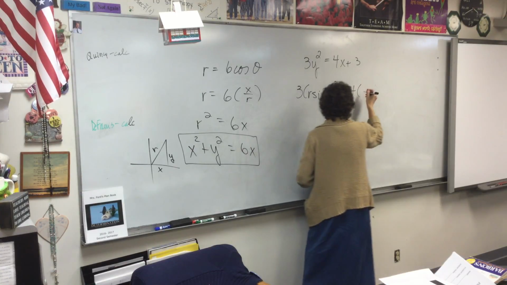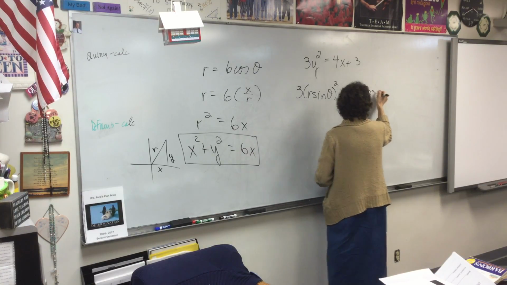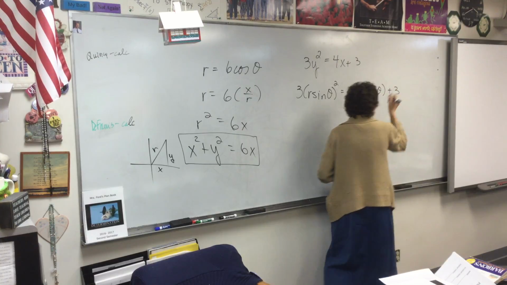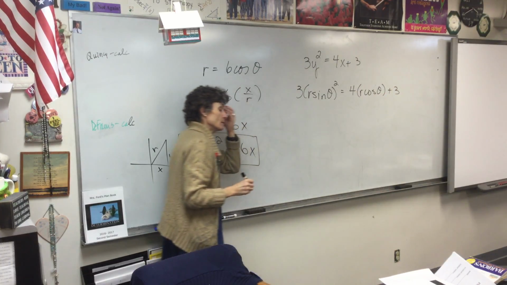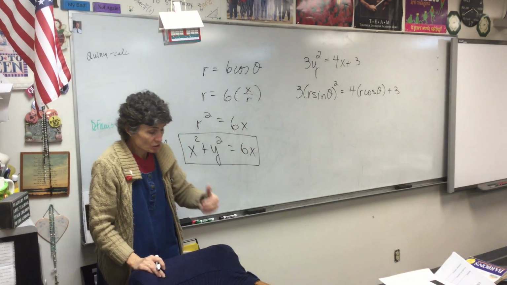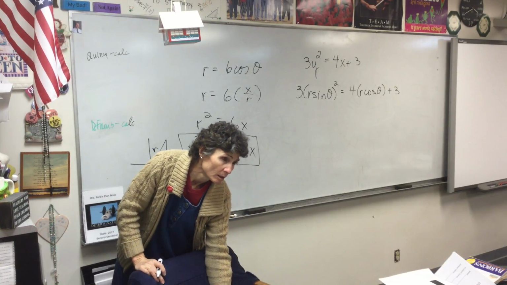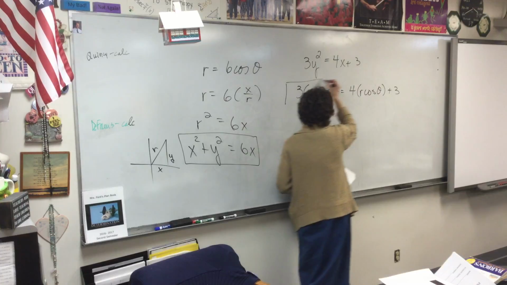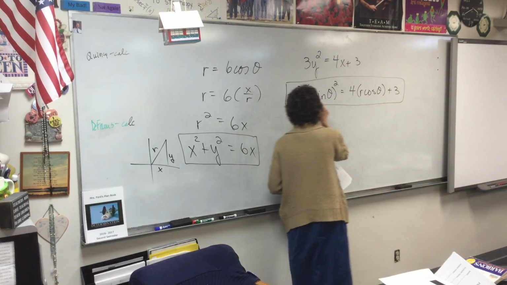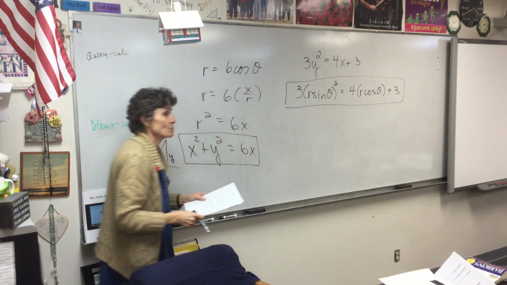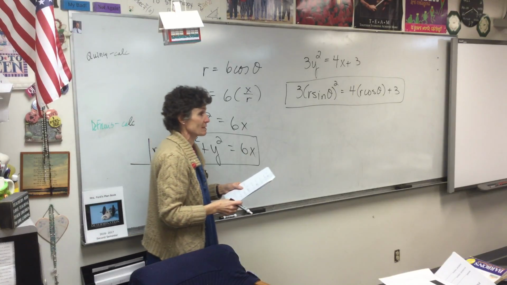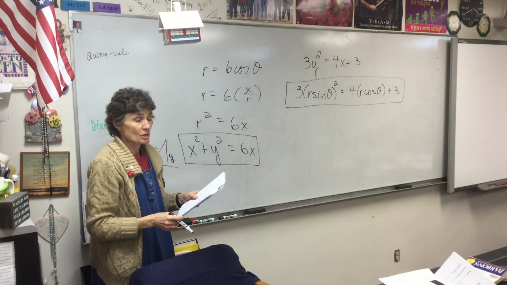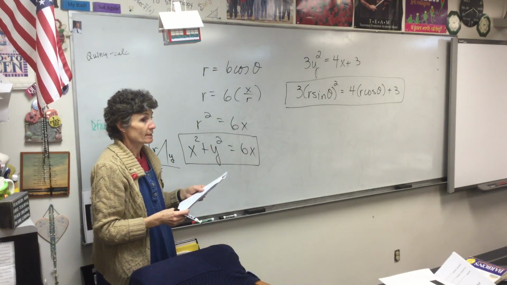What does x equal? R cosine theta. What are the variables in that equation? R and theta. It's a polar equation. We're good. There are things we can do to it, but nothing that will simplify it, so we're just going to leave it just like that.